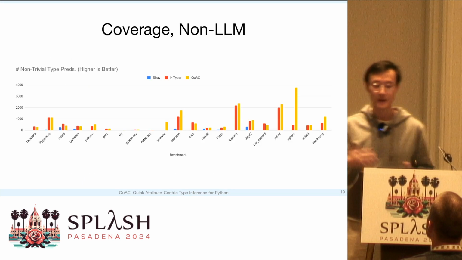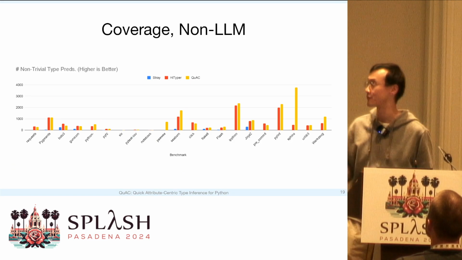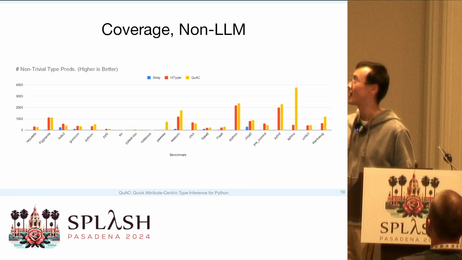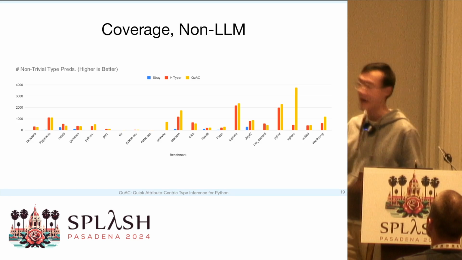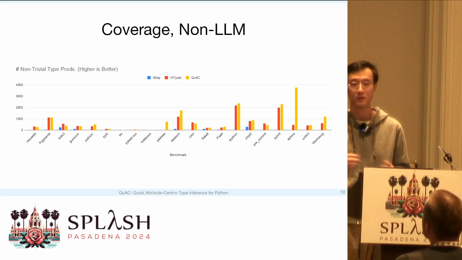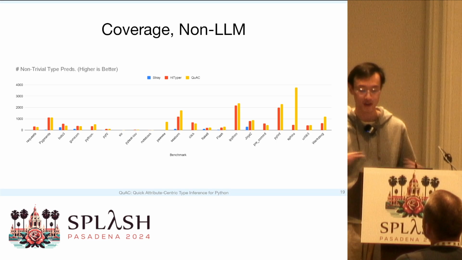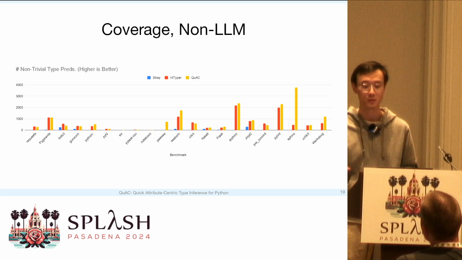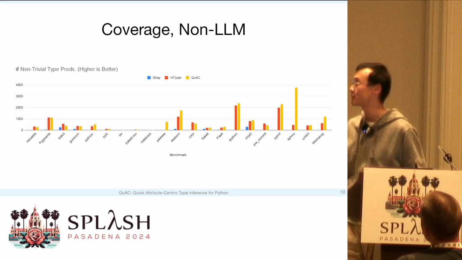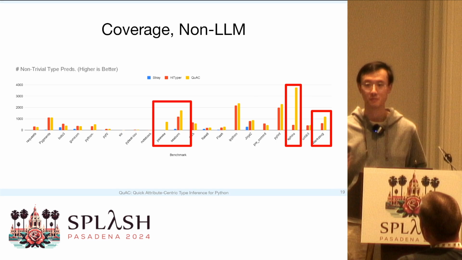So we compared QuAC against the non-LLM benchmarks in terms of coverage in this graph. Stray is the blue bar, HiTyper is the red bar, and QuAC is the yellow bar. When compared, QuAC and HiTyper are similar in coverage as measured by the number of non-trivial type annotations, which are not None, not object, and not Any, with QuAC further leading on several benchmarks, such as Peewee, Seaborn, Sphinx, and Werkzeug.